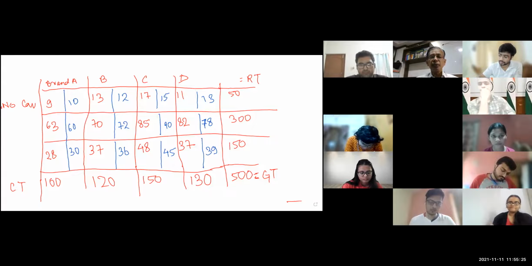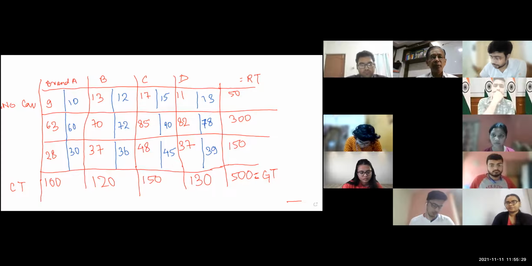For the chi-square test, we have to make one more table, not the contingency table, and take care, you have to write in this order. What is the chi-square formula? Summation of observed value minus expected value whole square divided by expected value. All of you write it. So this formula we have to compute from this table.